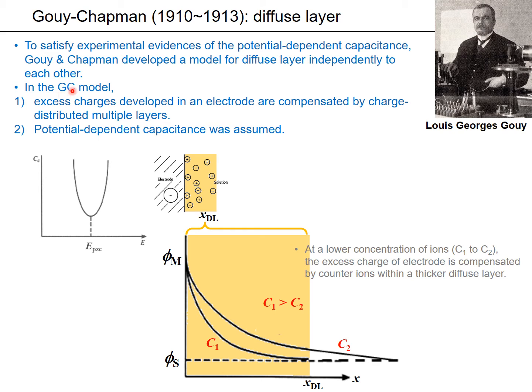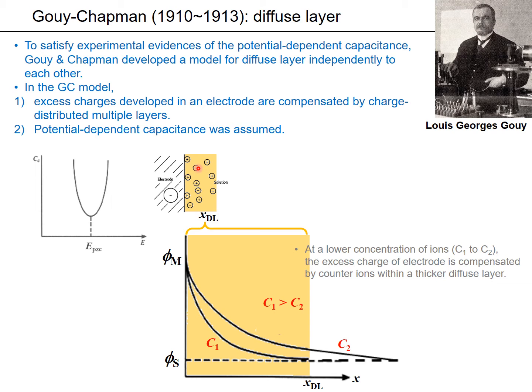In the Gouy-Chapman model, excess charges developed in an electrode are compensated by charge distributed in multiple layers. In the Helmholtz model, we assumed just a single layer responsible for compensating all of the excess charge of the electrode.